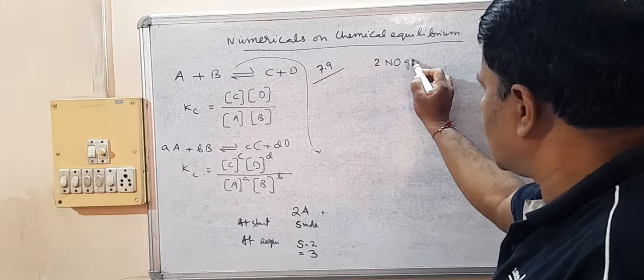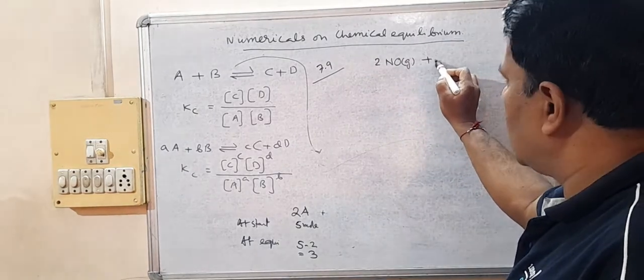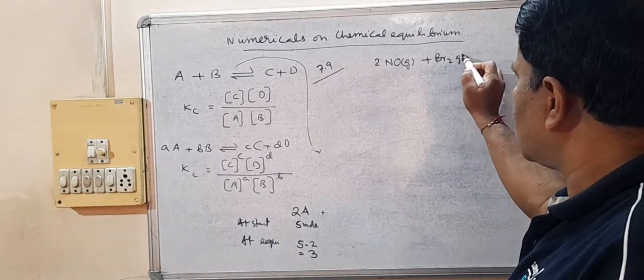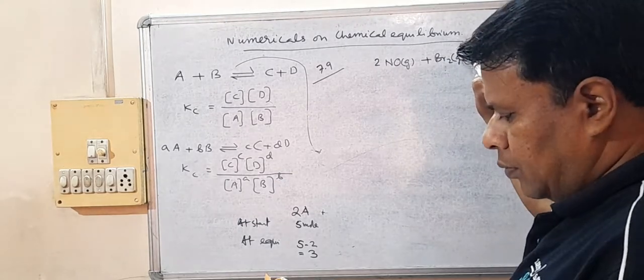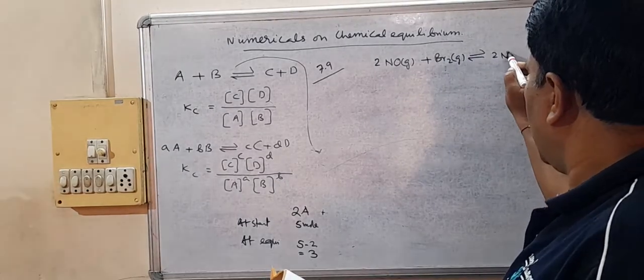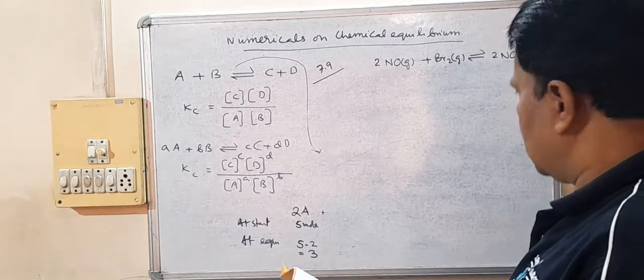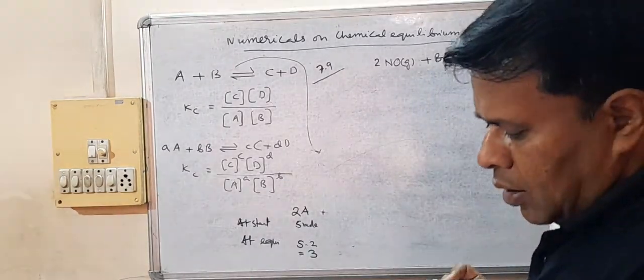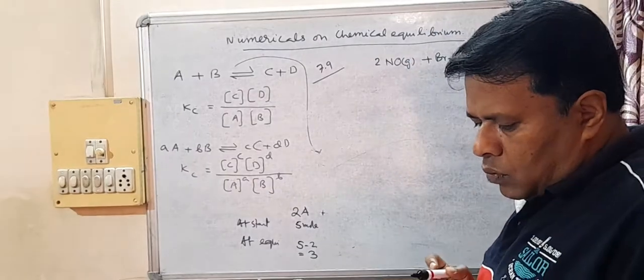2NO gaseous plus Br2 gaseous reversible 2NOBr gaseous.